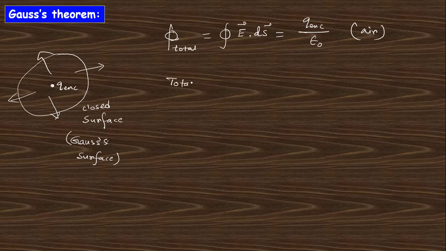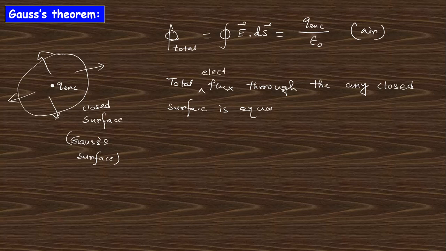So total electric flux through any closed surface is equal to 1 by epsilon naught times the charge enclosed by this surface.